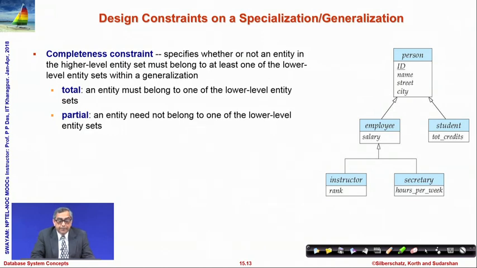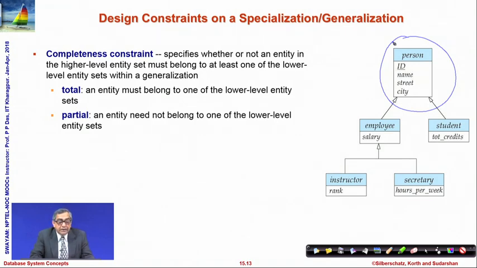The other constraint that you should identify is the constraint of completeness, which says the following. If I have an entity set, say person, and then we have specializations of employee and student, the question is, for a higher level entity set, is it necessary that every entity will be represented in one or more of the lower level entity sets?